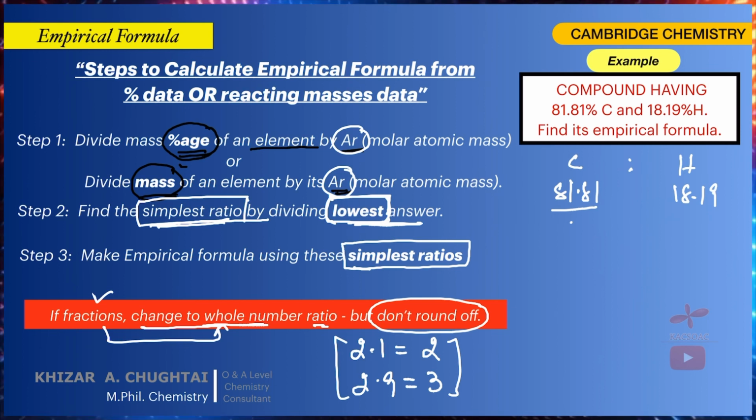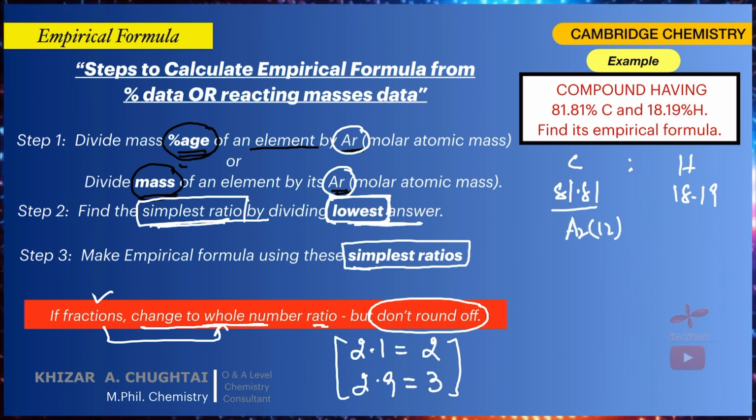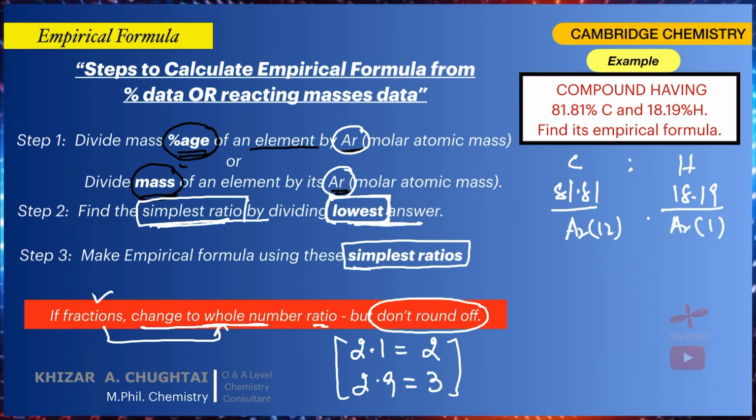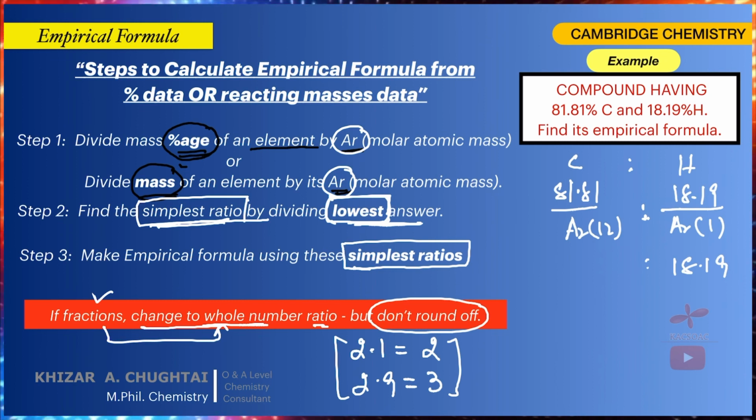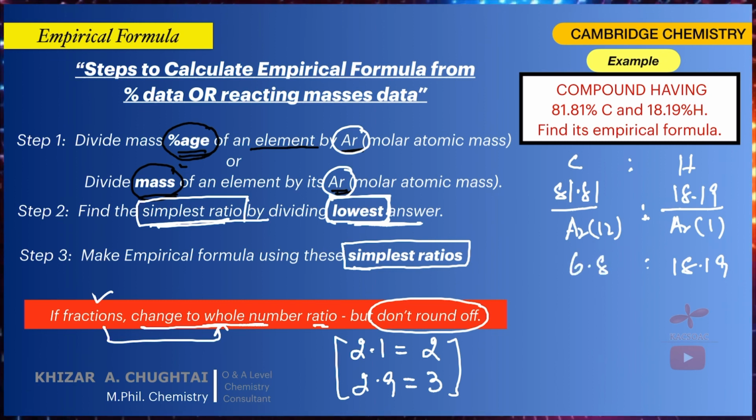The AR of carbon, which you can check from the data booklet, is 12, and the AR of hydrogen is 1. So 18.19 divided by 1 is equal to 18.19, and 81.81 divided by 12 is 6.817.